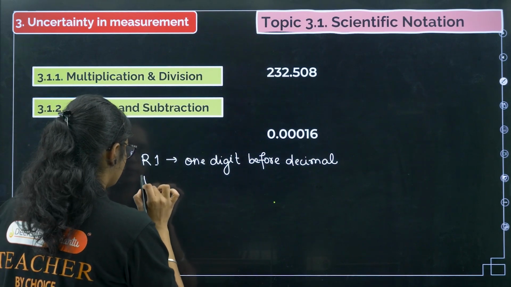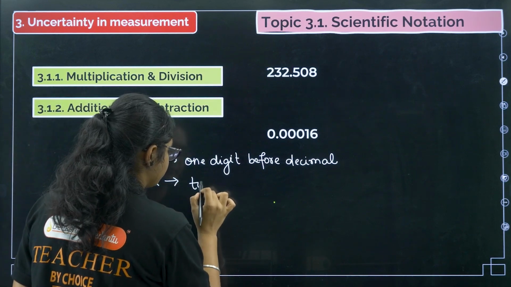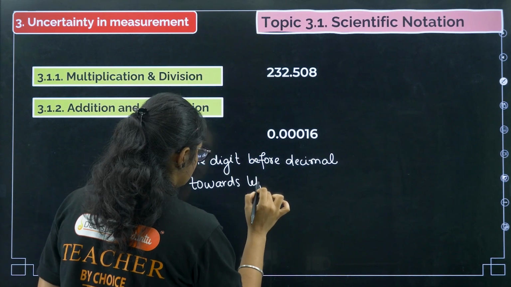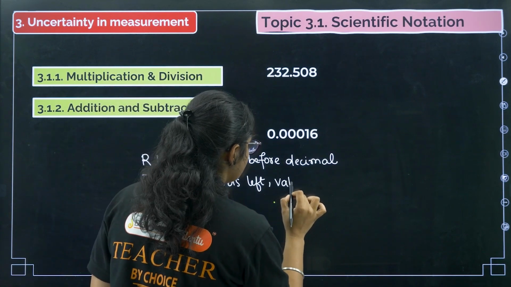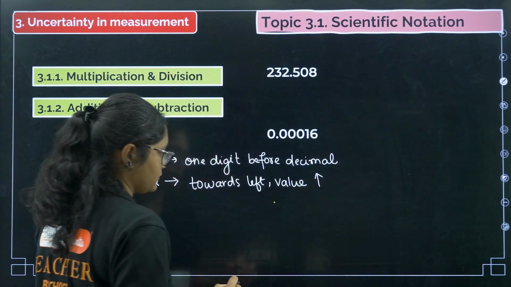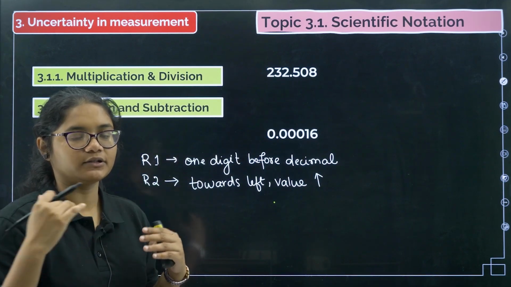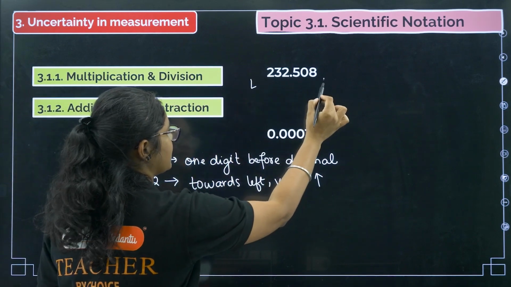Next, rule number 2: if you are moving towards the left, then the value will increase. I'll explain this rule. This is the left side of the number, this is the right side of the number.